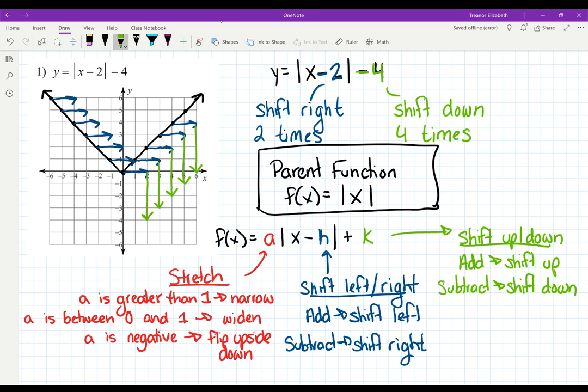And that is starting to get super repetitive and kind of annoying, but you get the picture. We're going to continue to shift every single point down 4 times. And remember, we did already shift them 2 to the right.